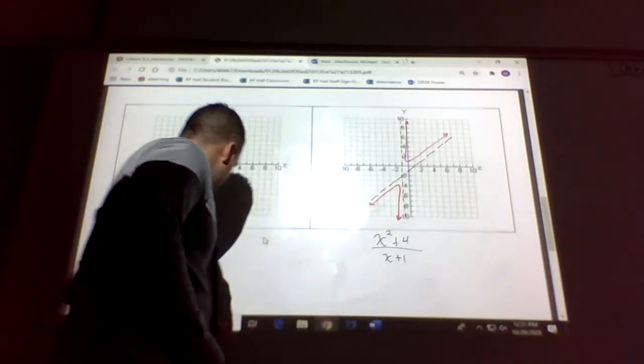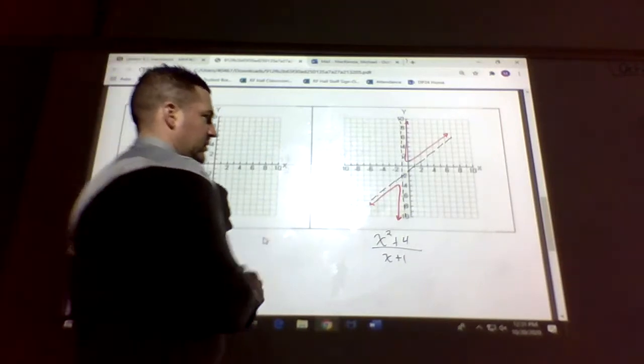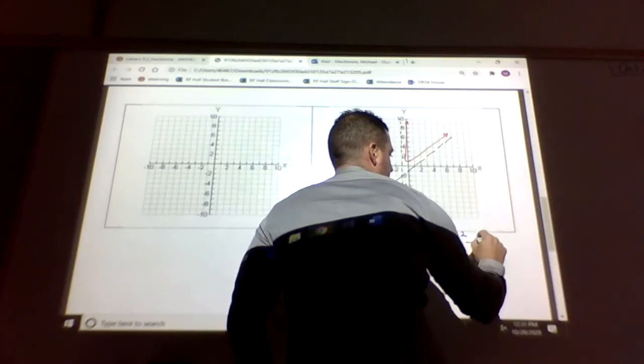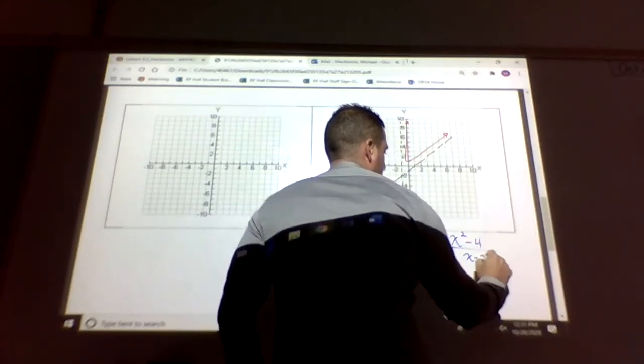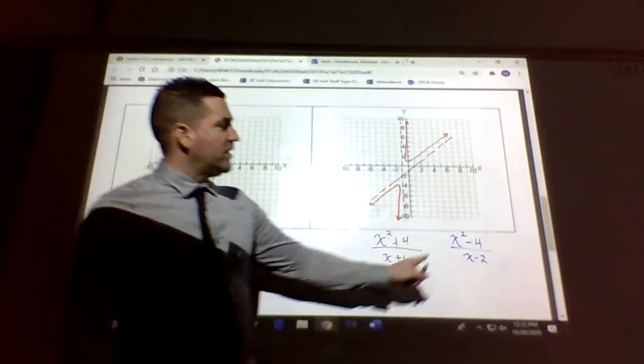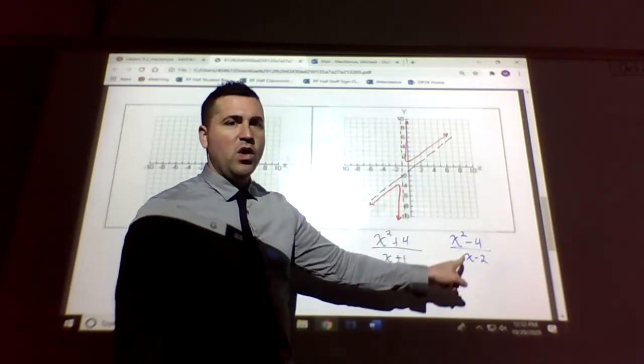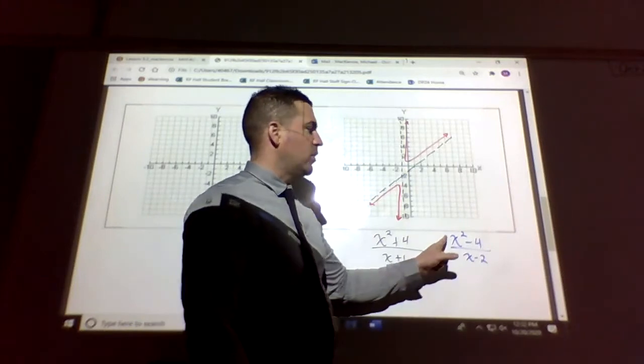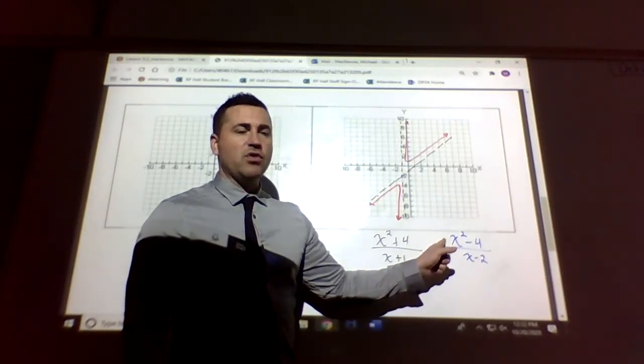The last thing I want to correct is the previous example. Sorry, in example 2, I put this question as an example. This one did have a degree that was 1 higher than the one in the denominator, but it was able to be factored and we were able to cross it off.